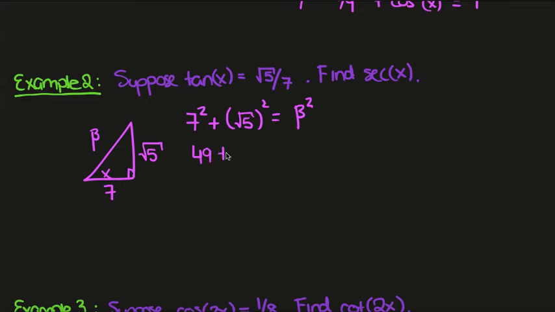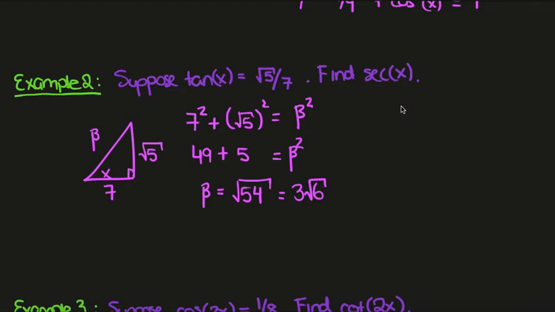That means we'll have 49 plus 5 is beta squared. So beta is equal to the square root of 54. Now 54 is 9 times 6, so this will be 3√6.